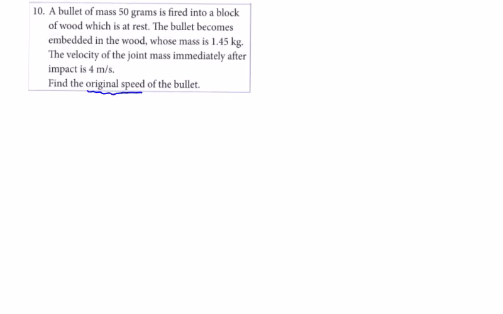This one we're looking for the original speed of the bullet. So we have the bullet of mass 50 grams. Now 50 grams in relation to kilos, well 100 grams is equal to 0.1. So just half of that is 0.05 for the mass, just be careful. So we have 0.05 times u, which we don't know, plus the piece of wood, 1.4 kilos, it's at rest.